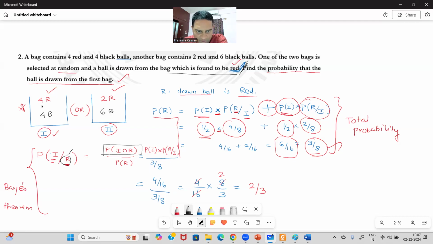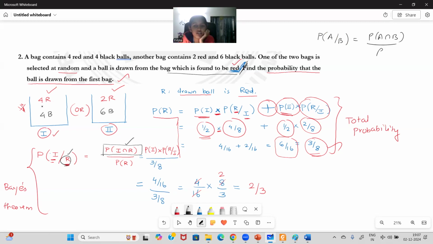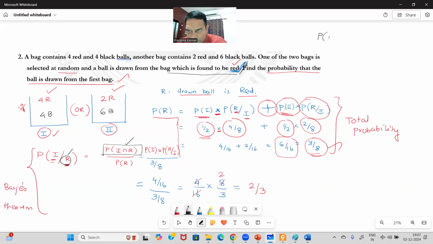P of A given B will be what? P of I intersection R by P of R. Correct. And if I have P of A given B, how do I write it? P of A intersection B will be P of A intersection B by P of B. Correct or not? Or suppose B is the first given, because this is slightly misleading. So we'll go with B given A.